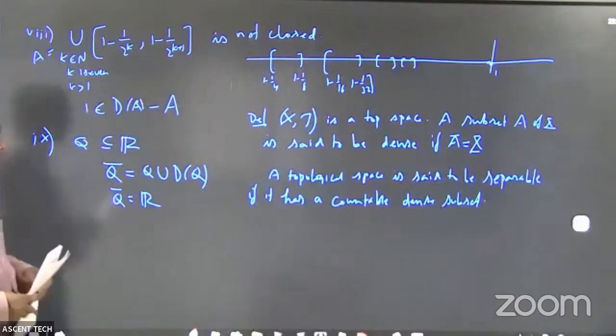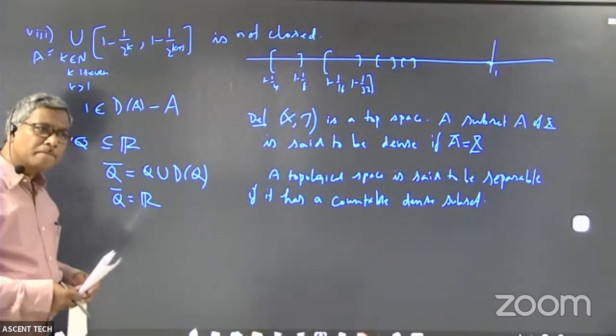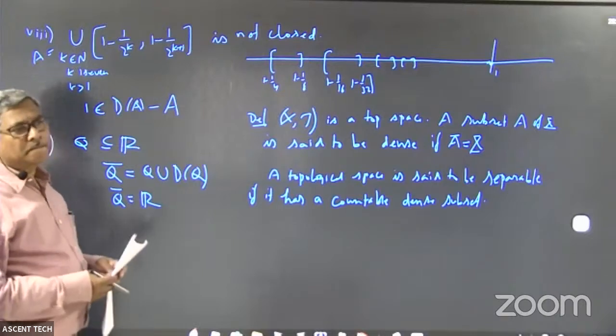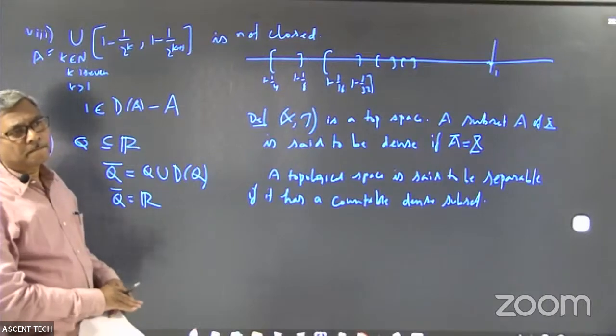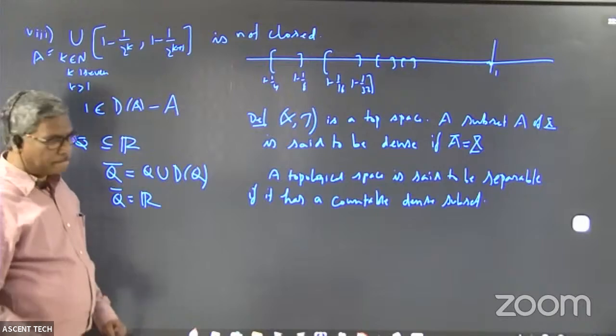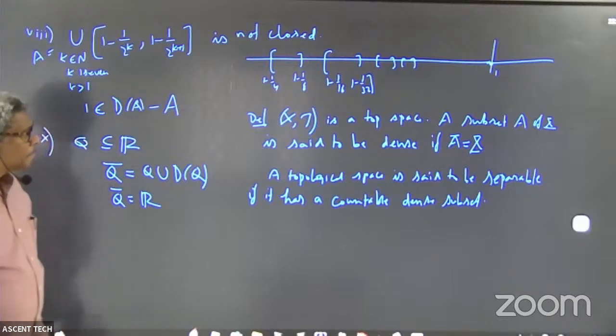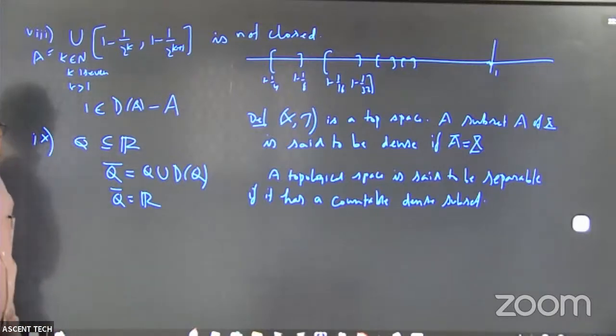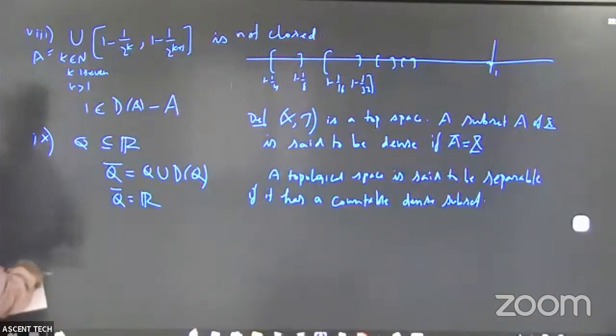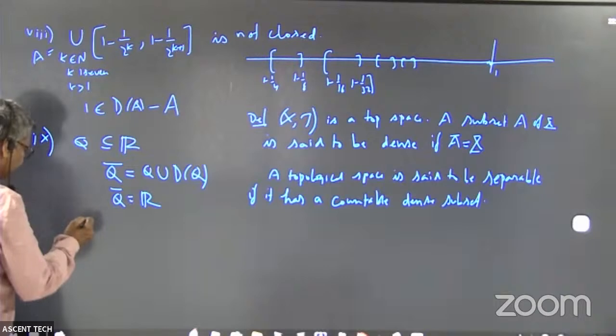So you can talk about countable subsets irrespective of whether it is a metric space or not. In that case, R is separable.